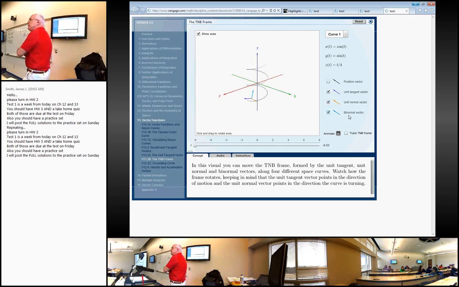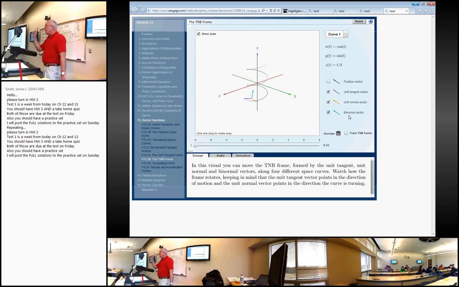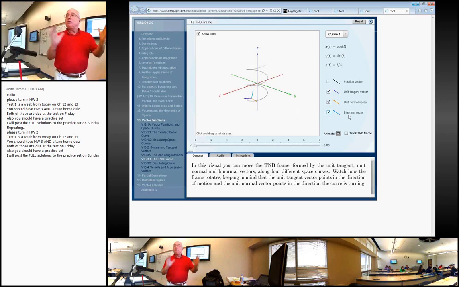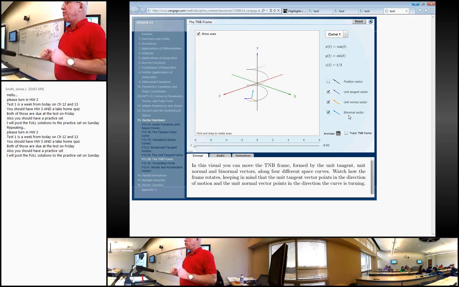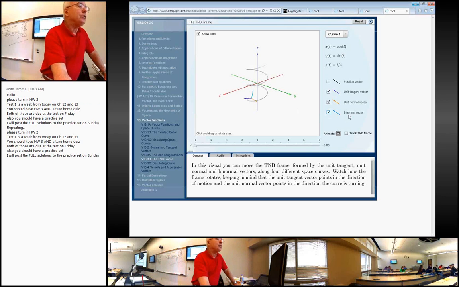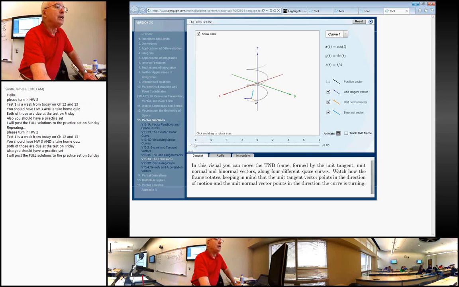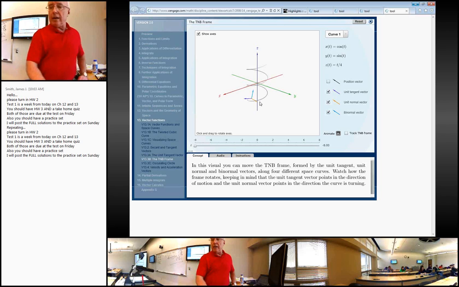All 3 of these are unit vectors. They all have length 1. And they're all perpendicular to each other. We have the tangent vector and the normal vector. They are perpendicular to each other, and those are both perpendicular to the blue vector.